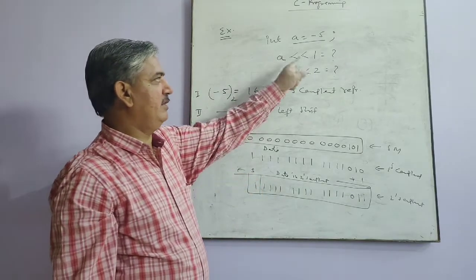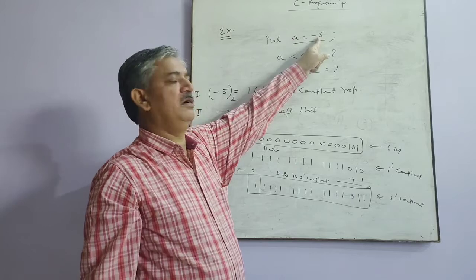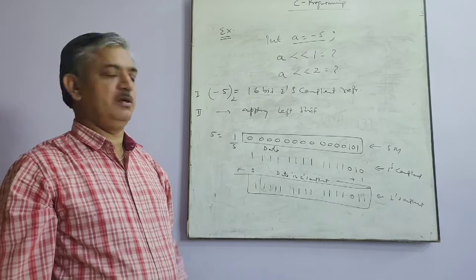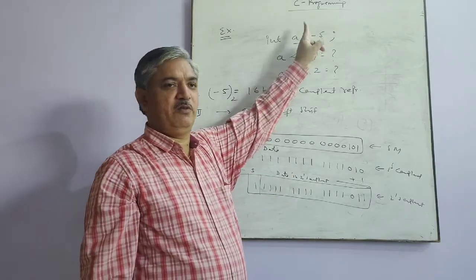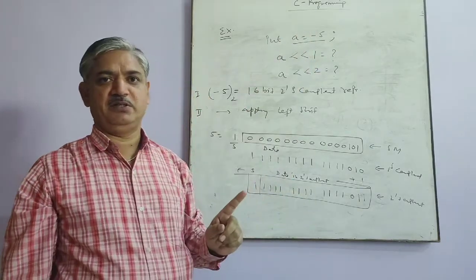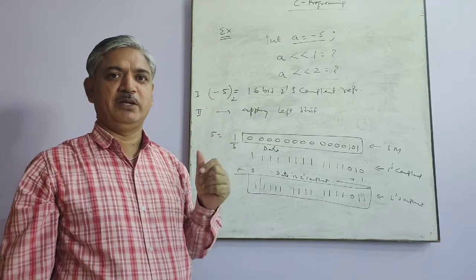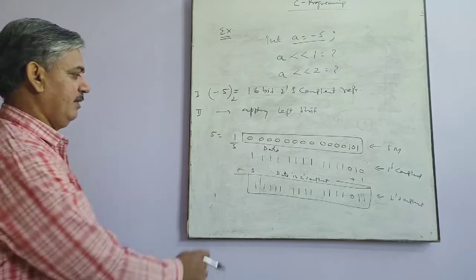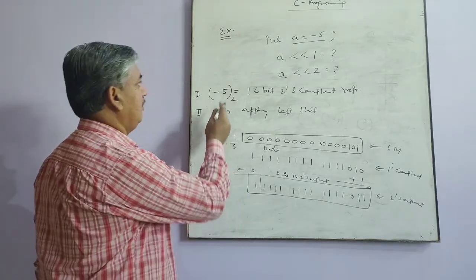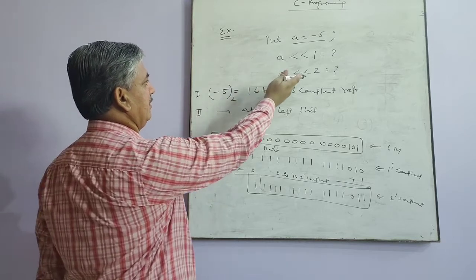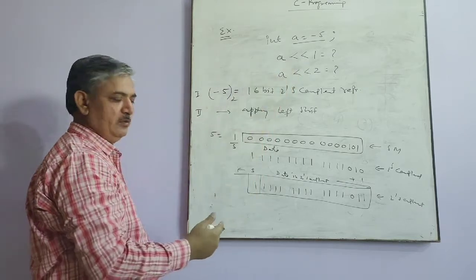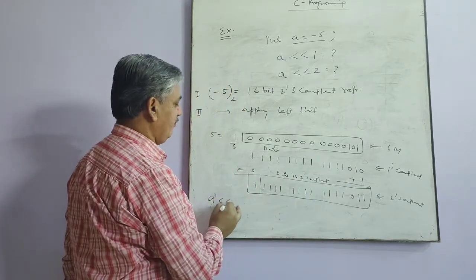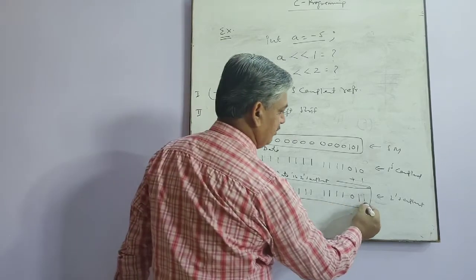So before applying this operation, first convert this -5 into 2s complement representation because the number is negative. For negative numbers, use 2s complement representation. For positive numbers, use sign magnitude representation. Now apply this left shift. So left shift is what? A left shift 1. This is discarded.